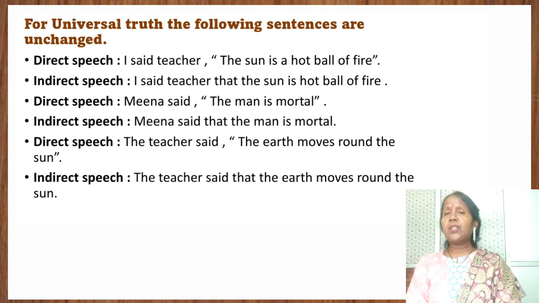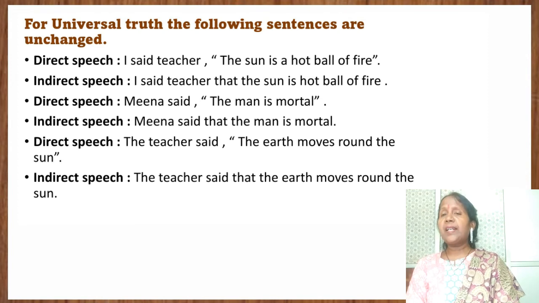For universal truth, the sentences in indirect speech are unchanged. For example, direct speech: I said, teacher, the sun is a hot ball of fire. Indirect speech: I said, teacher, that the sun is a hot ball of fire.